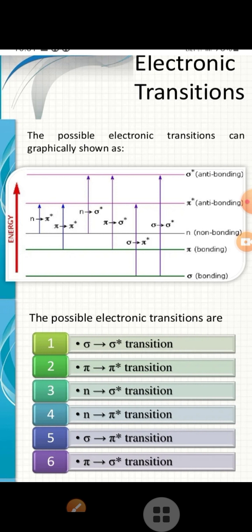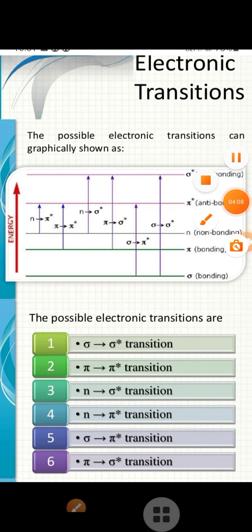Many levels are there: bonding, non-bonding and anti-bonding. The possible electronic transitions are sigma to sigma star, pi to pi star, n to sigma star, n to pi star, sigma to pi star and pi to sigma star.